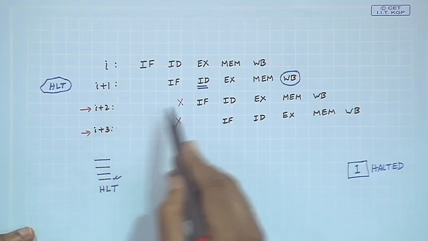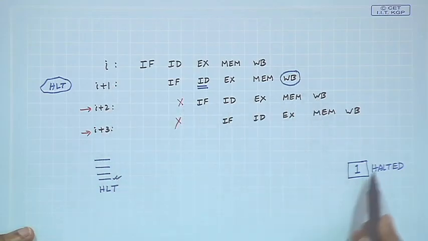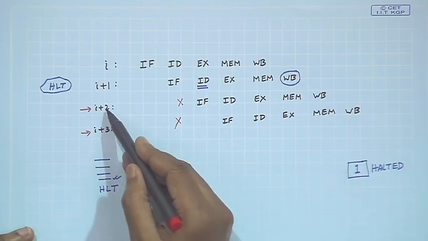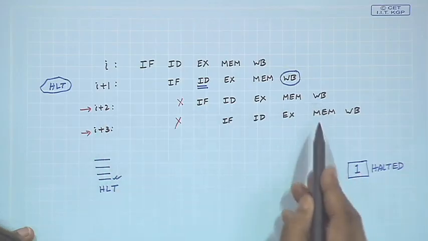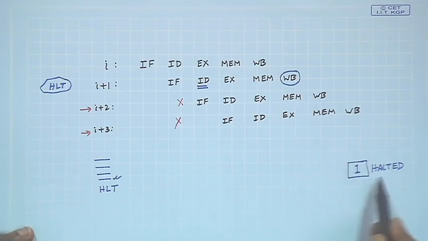While you execute an instruction, you check whether this flag is set or not. Instructions I plus 2 and I plus 3 will be detecting that this flag is indeed set to 1.